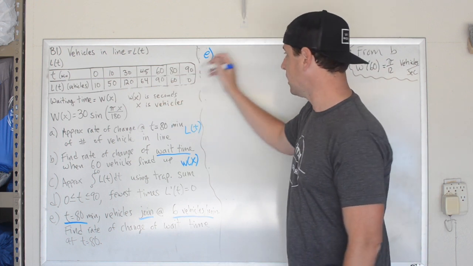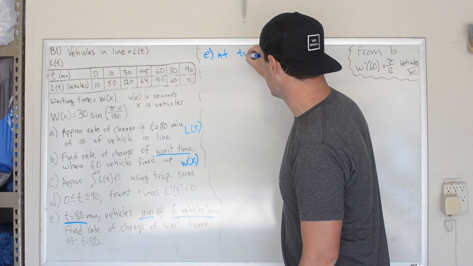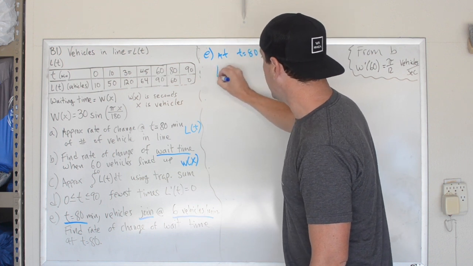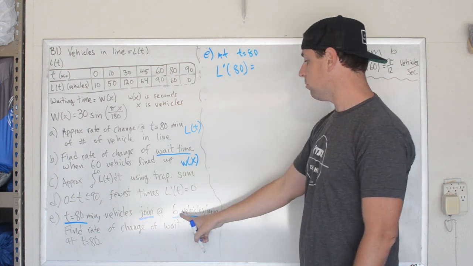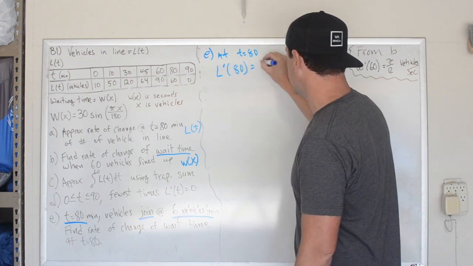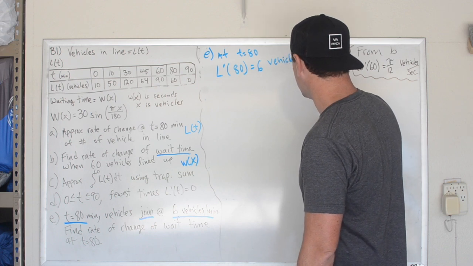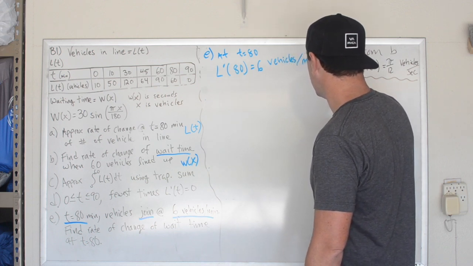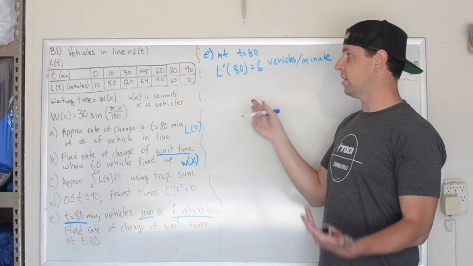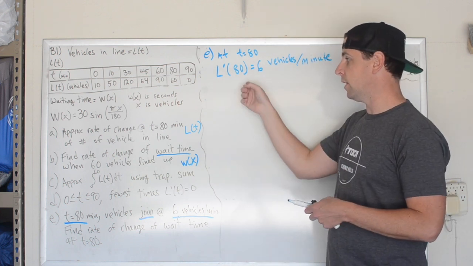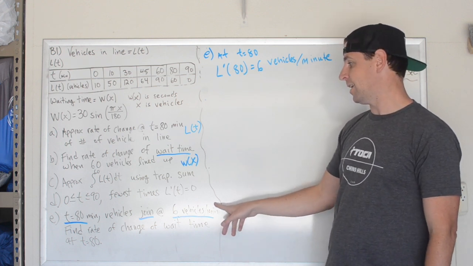So essentially at t equals 80, L prime at 80 minutes is equal to 6 vehicles per minute. So they've told me that L prime of 80 is equal to 6. Essentially they're telling me the exact rate of change at 80 minutes.